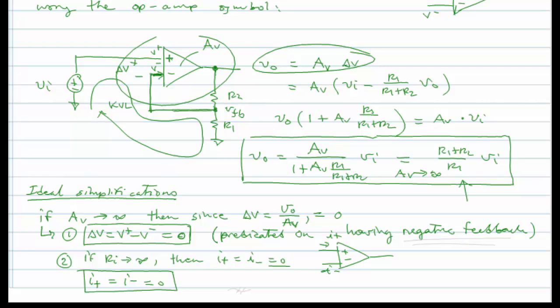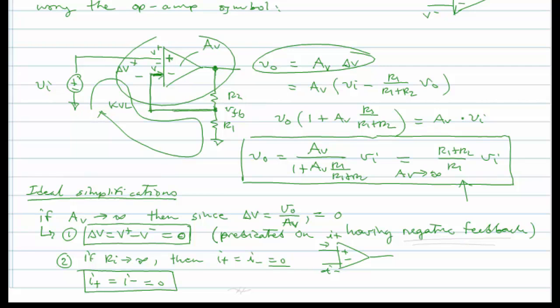It's the architecture, the topology that you wire up using this op amp that ensures that. And the topology that is needed is a negative feedback topology. In other words, if the output voltage goes too high, the negative feedback tends to reduce the input voltage, which, when multiplied by this very large infinite gain, will reduce the output.